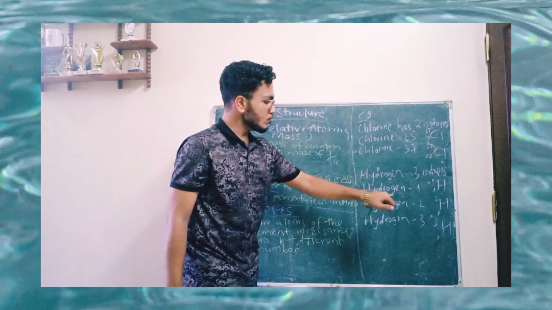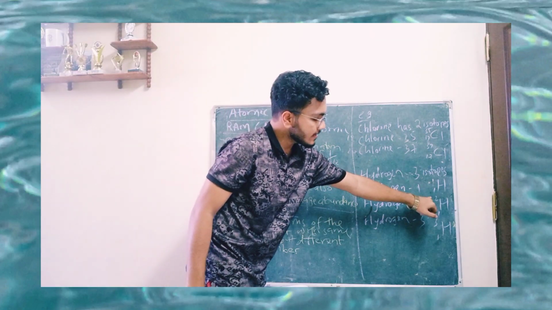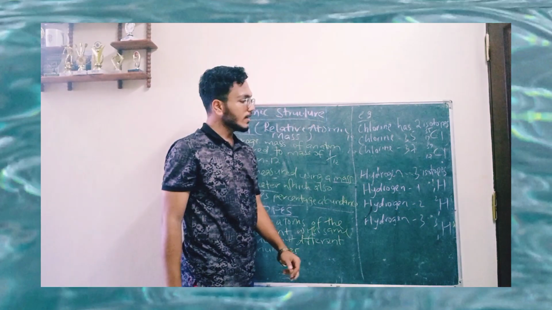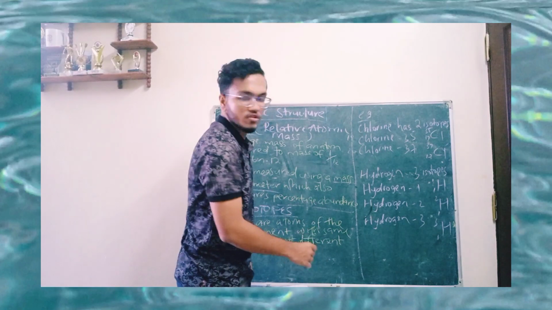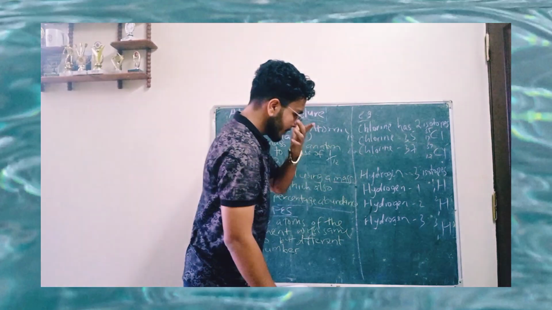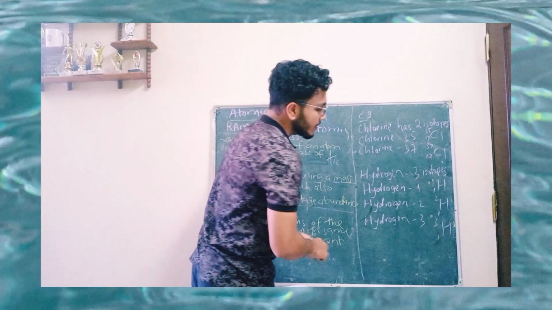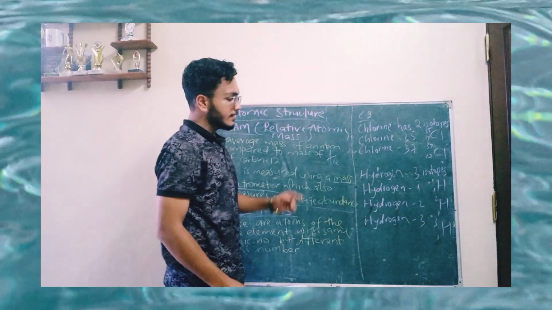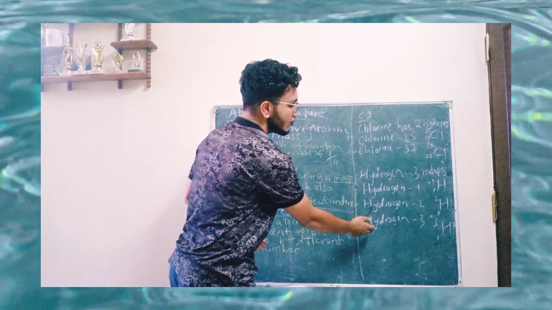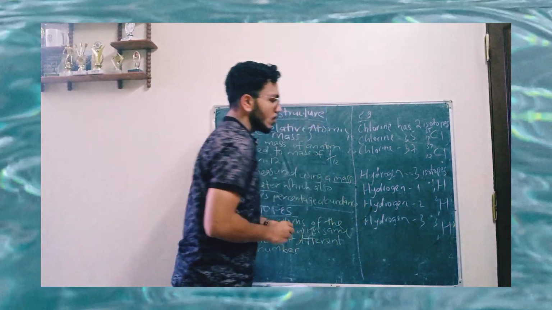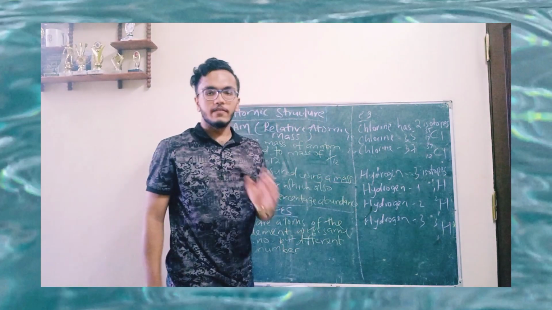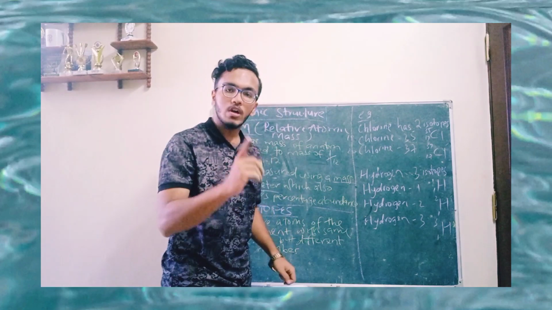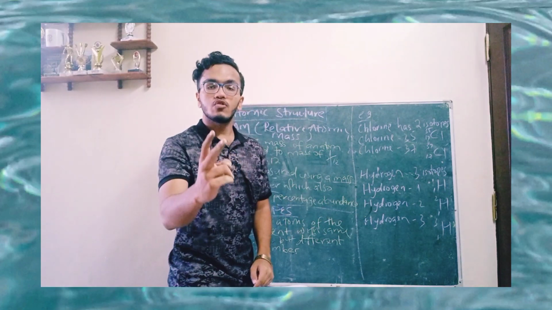Hydrogen 2 has mass number 2 and atomic number 1, so it has 1 neutron. Hydrogen 3 has atomic number 1 and mass number 3, so it has 2 neutrons.